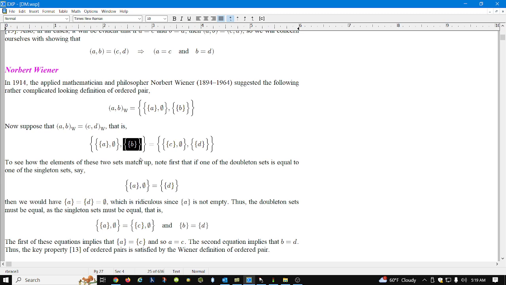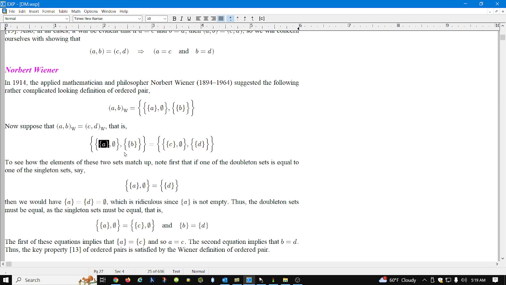No commas means one element. The only element of this set is itself a set. It's a singleton set. This is a doubleton set. It has two elements, this one and the empty set. These can never be the same because regardless of what A is, that is not the empty set.